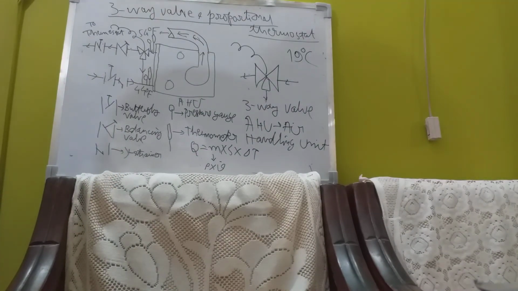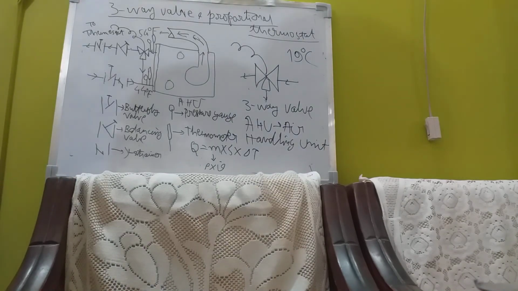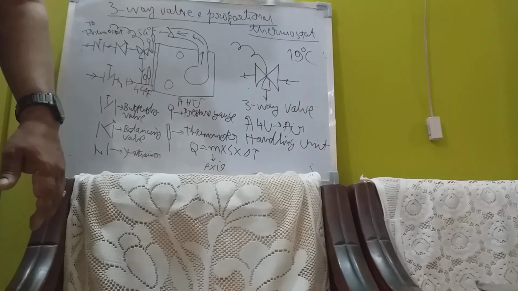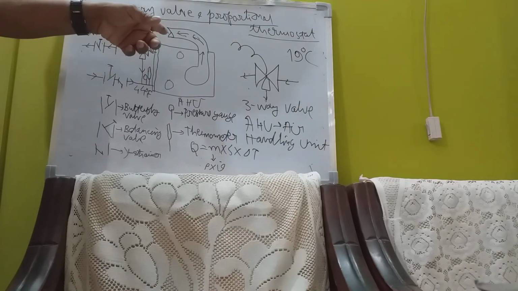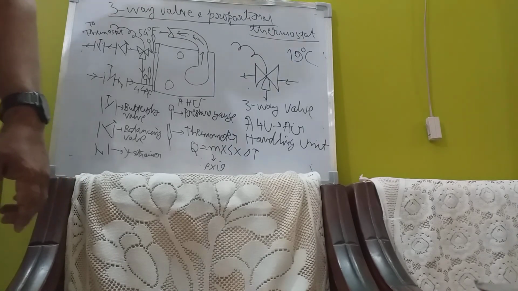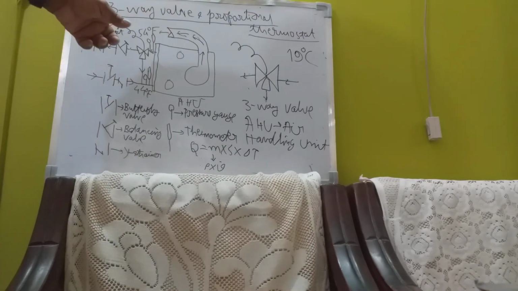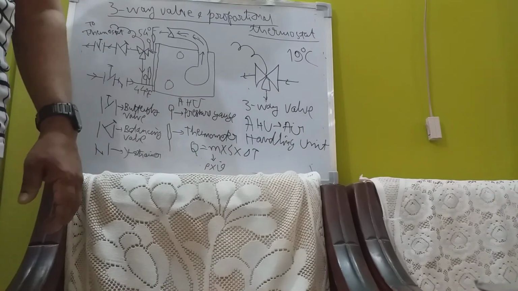How is it done? Because outside condition varies. At noon time it is very hot. In the evening the temperature drops. Accordingly, the three-way valve modulates the control, and because of that modulation, your temperature remains constant throughout in the room.